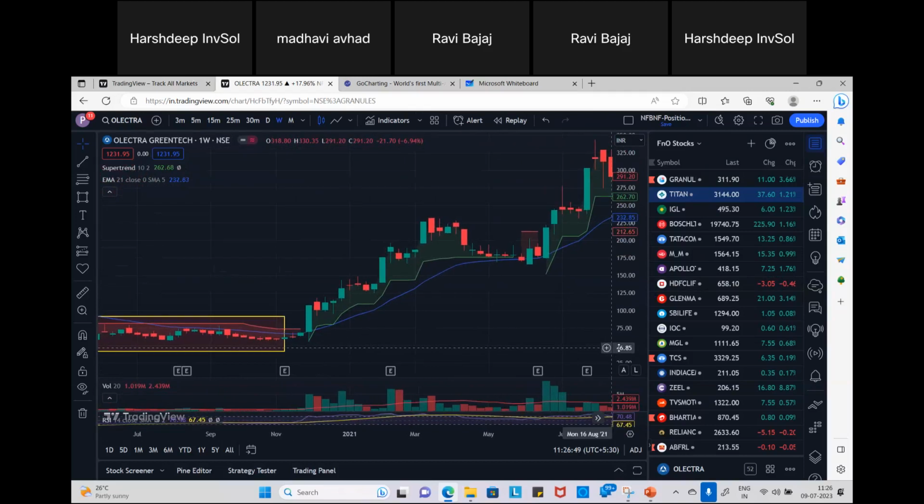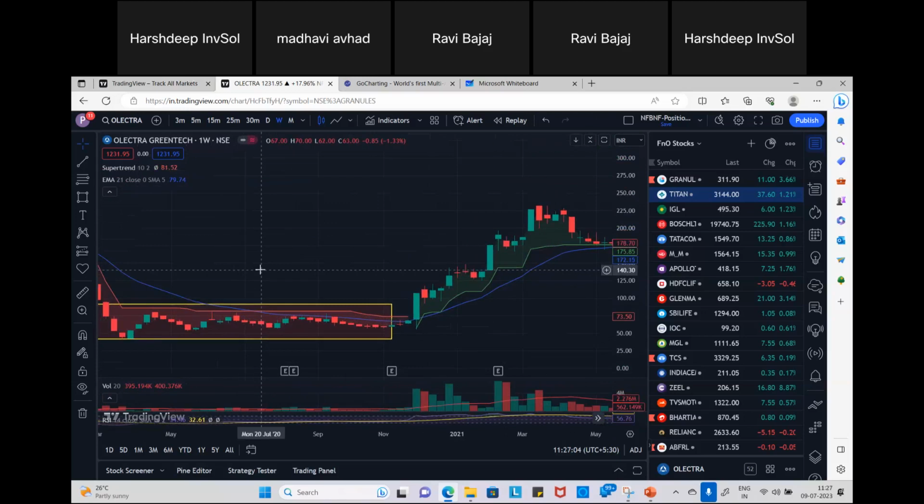Now, if you look at this candle very carefully, so far this Supertrend indicator is red because the prices are trading below this indicator.